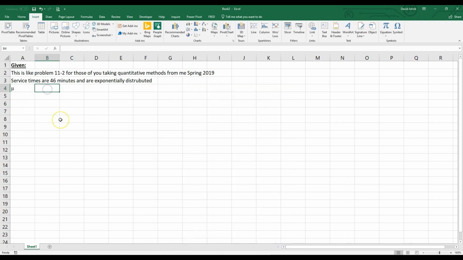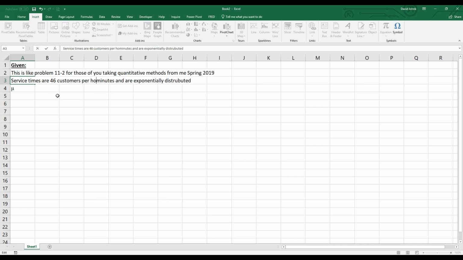And so that means mu is, let's say I'm going to change this, 46 customers per hour. Let's do it that way. Instead of service time, I'm going to call it service rate.